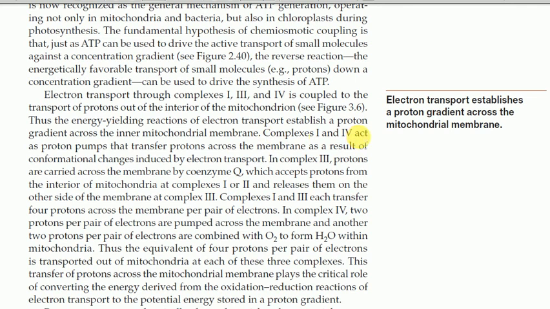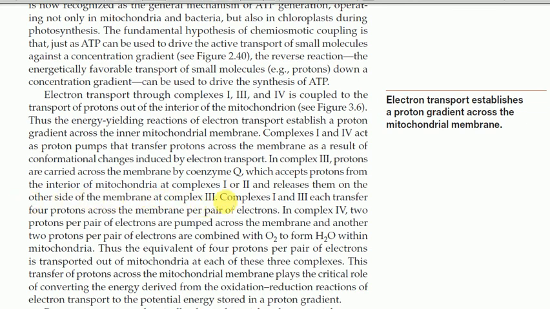Complex 1 and 4 act as proton pumps that transfer protons across the membrane as a result of conformational changes induced by electron transport. In complex 3, protons are carried across the membrane by coenzyme Q, which accepts protons from the interior of the mitochondria at complex 1 or 2 and releases them on the outside of the membrane at complex 3.